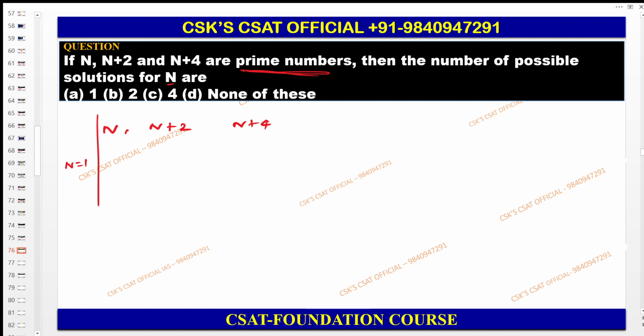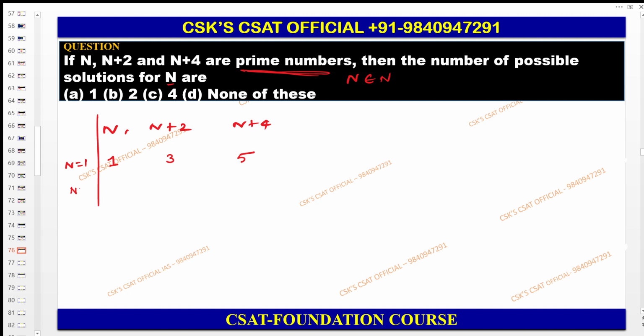If I am giving in the question the number of possible solutions for n, where n belongs to natural numbers, then if you start with 1, what will happen here? 1, 3, 5.